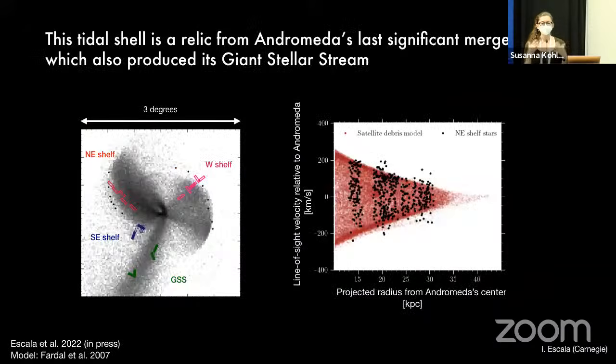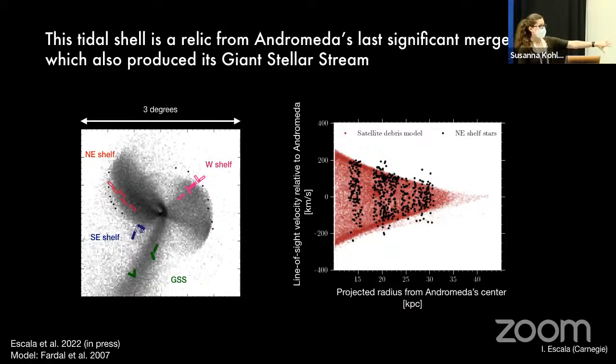So we've confirmed that this feature is indeed a tidal shell, but it's a separate question if it's related to M31's last significant merger. We think that this merger also produced its giant stellar stream, and again, these other shell-like features that I showed in that earlier plot.